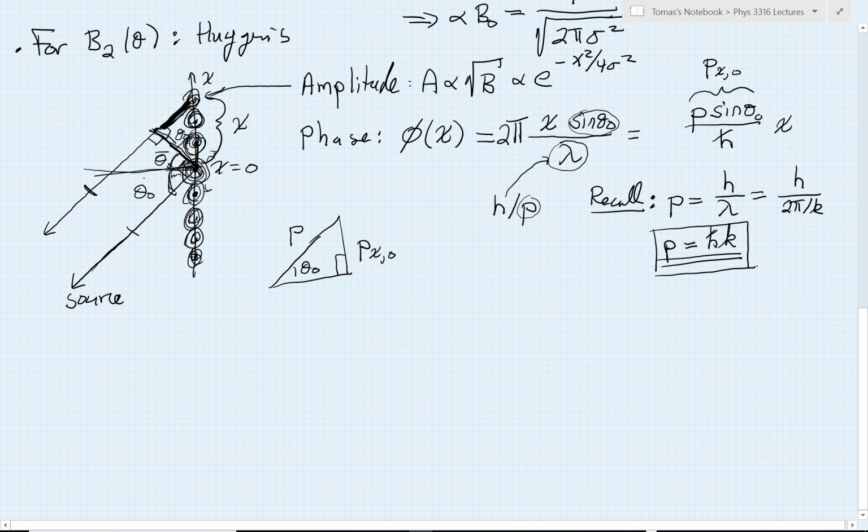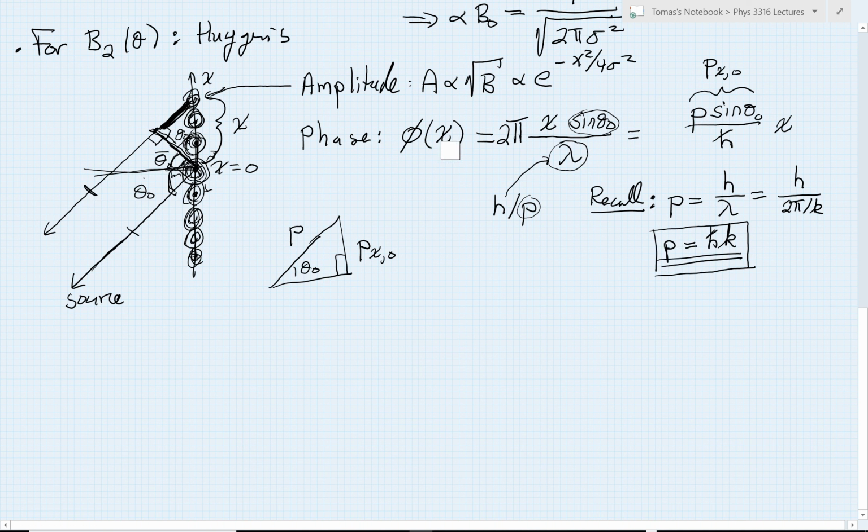And it shows you a very important lesson, that whenever we're thinking about momenta, we are equivalently thinking about wave vectors. They are directly related to each other. Whenever you see a momentum, I want you to think, oh, there's a wave vector k that it corresponds to. And likewise, when there's a wave vector k, oh, there's a momentum that it corresponds to. H bar is just the conversion factor between these same two ways of thinking about what is essentially the same thing.